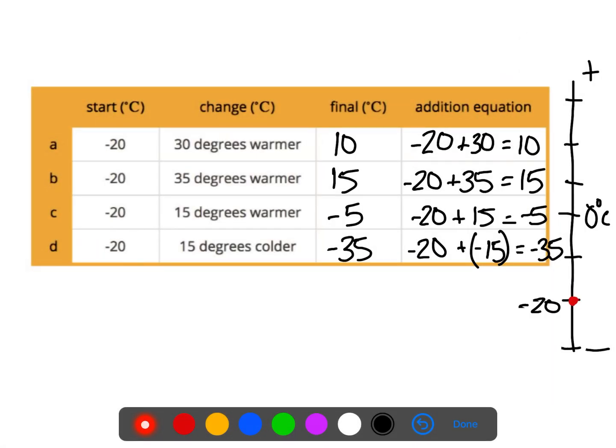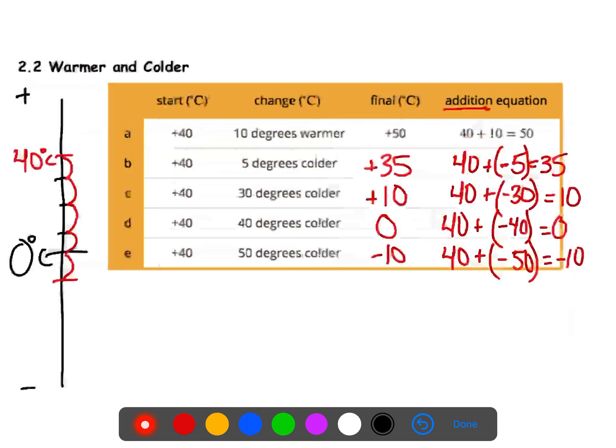Okay, now what I want to do before we move on is have you look back at this first table. A lot of this integer addition that we're doing today, adding positive and negative numbers, has a lot to do with patterns. So I want you to look at what we did in some of these situations. So in all of these where we got colder by different amounts, remember we started at 40 degrees, and when we added a negative amount, we obviously dropped to some extent.